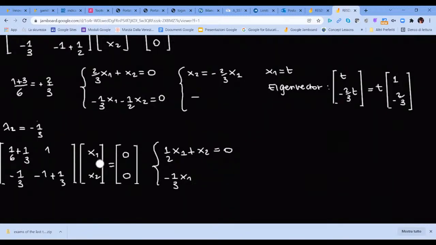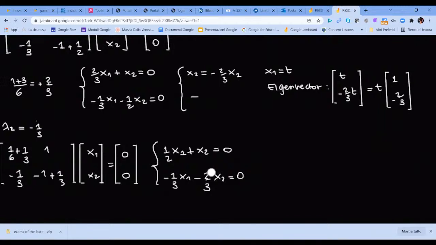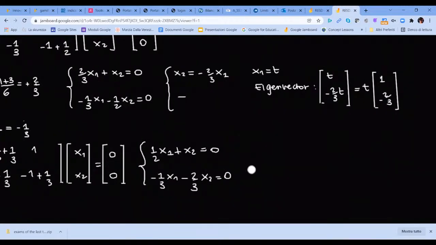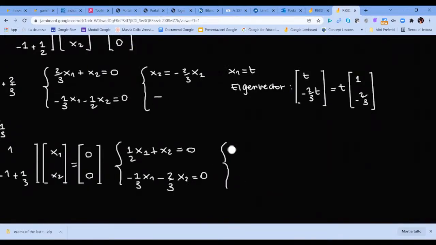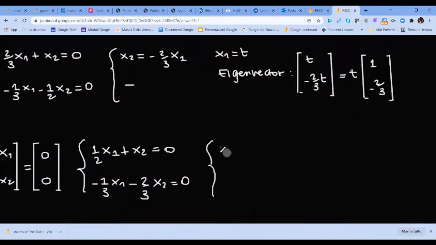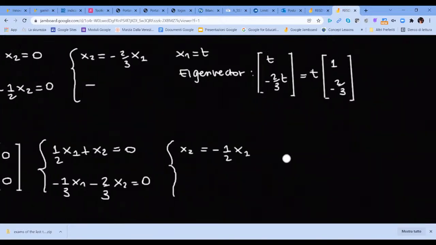And then we have minus 1, so minus 2/3 x2 equals 0. And then we can compute, for instance, from the first one, the value of x2. By putting everything else on the other side, it is equal to minus 1/2 x1.